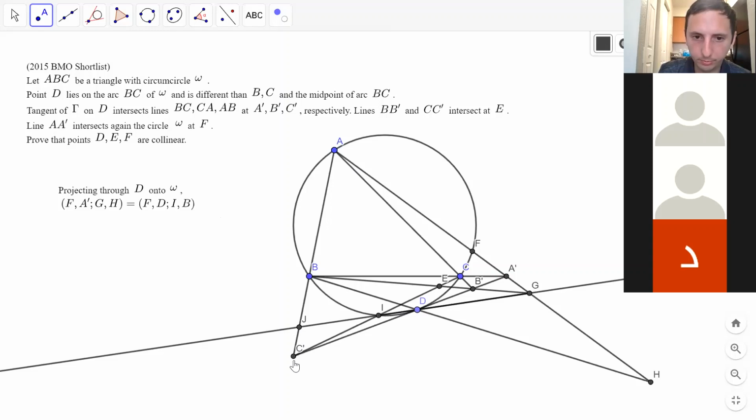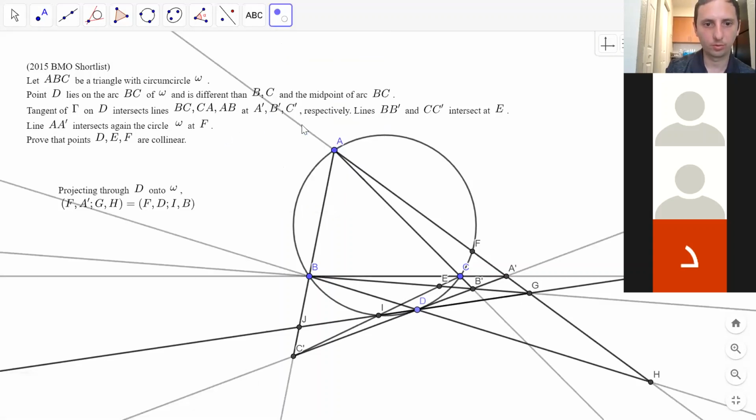Then we could try projecting through C prime. Oh, I think that might work. Because if we project through C prime, then we get B, E, B prime, G. Is that it? I think it might be that.